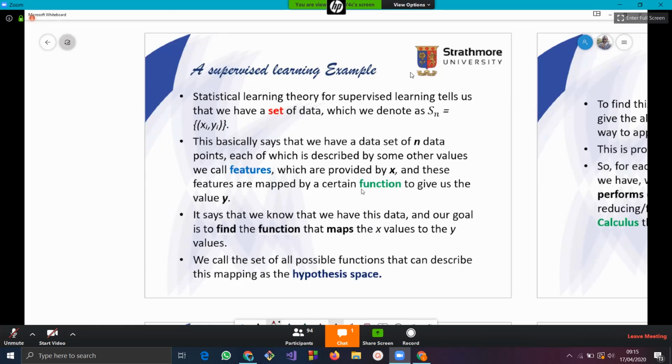The function is like the main thing in this machine learning story, so we want to find it. The possible functions are going to form candidates. In statistics, those candidates are called the hypothesis space. Very good.